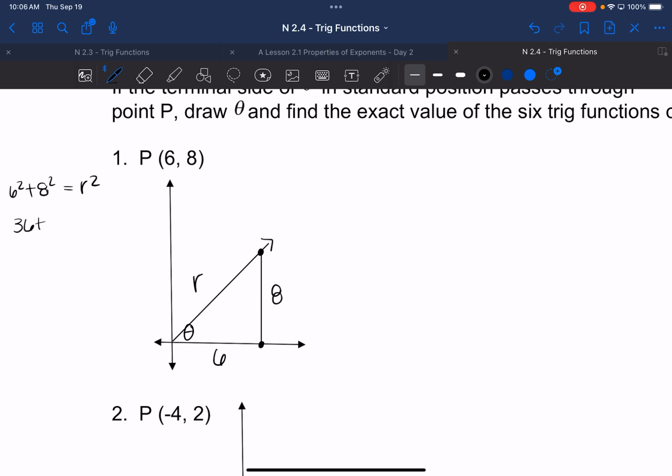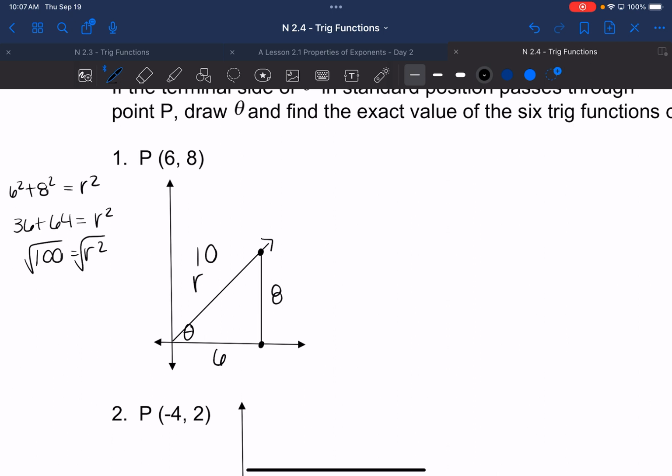And 8 squared? Good. Equals R squared. And what is 36 plus 64? 100. So 100 equals R squared. But I just want R. So what do I need to do? Take the square root. And what is the square root of 100? 10. So R must be 10.